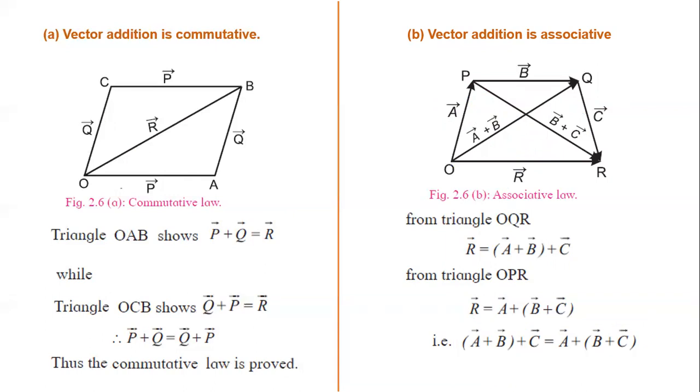So this is the associative law. In the examination a question may be asked: show that vector addition obeys the associative law. Then you have to write up to this, draw a diagram and show it. So it obeys the associative law of addition. I hope everyone understood what is the commutative law and what is the associative law.